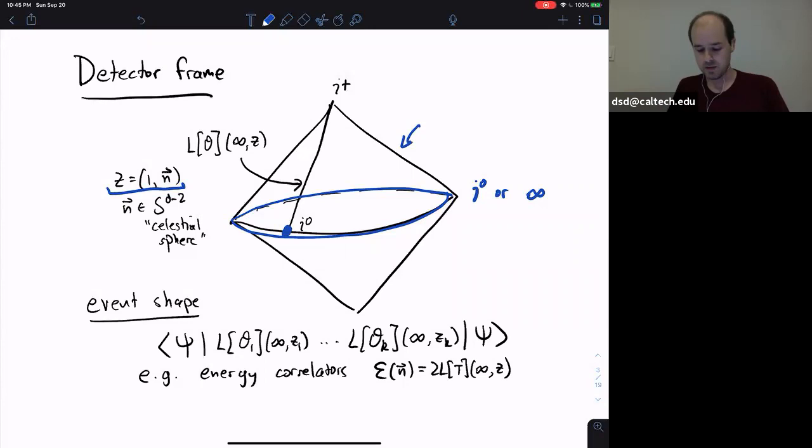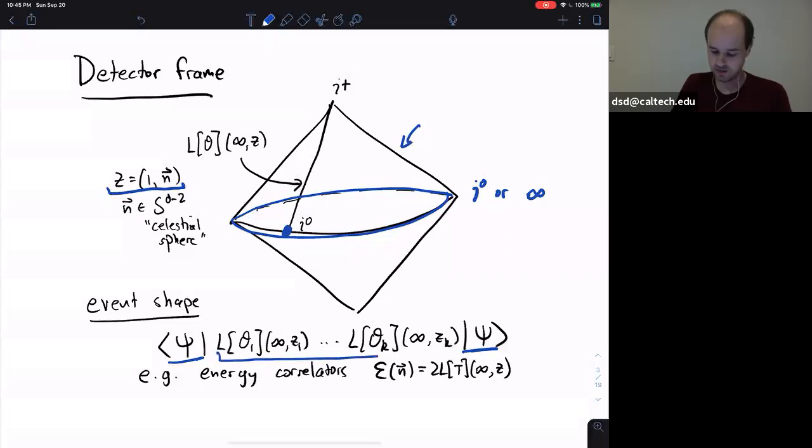And then there are these important observables called event shapes, where you basically measure the expectation values of these operators in some state. So here we have a state psi, which forms both the ket and the bra. And I've inserted in the middle a product of a bunch of light transformed operators at different points, z sub i, on the celestial sphere.